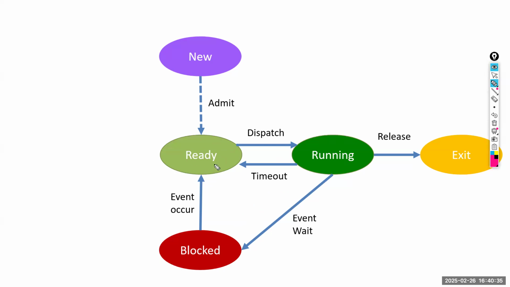Now you are a candidate for running because your user event is done. So you can only go to the ready state, and when the time slot is available, the operating system can take it to the running state.